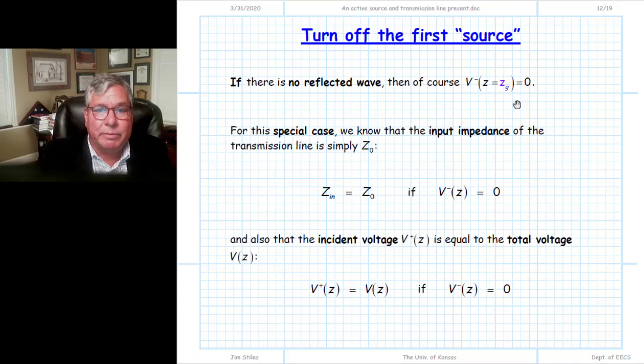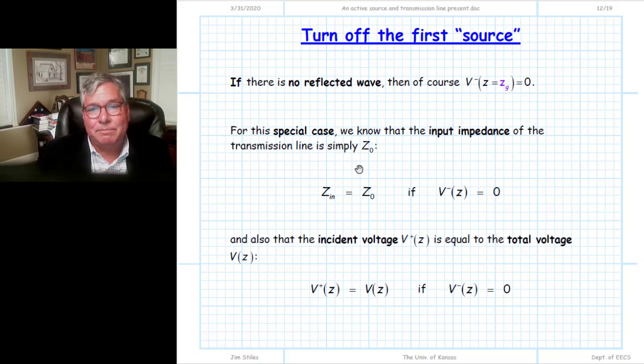Well, one thing we know from our analysis on our transmission line is that if we have no minus wave voltage, the line impedance is going to be Z0 at every location. Remember, we have a situation where the line impedance is the ratio of the total voltage to the total current.